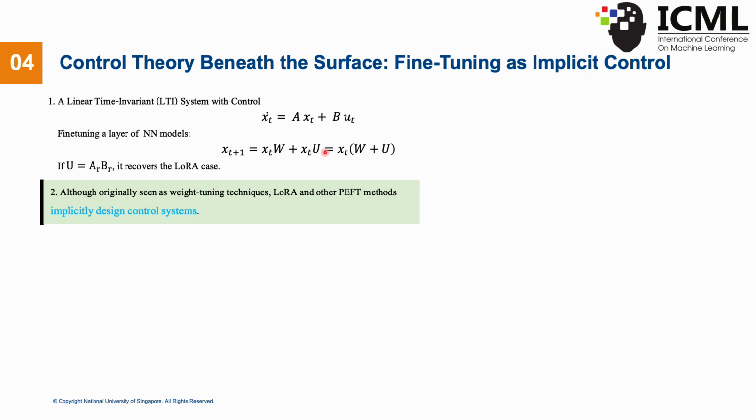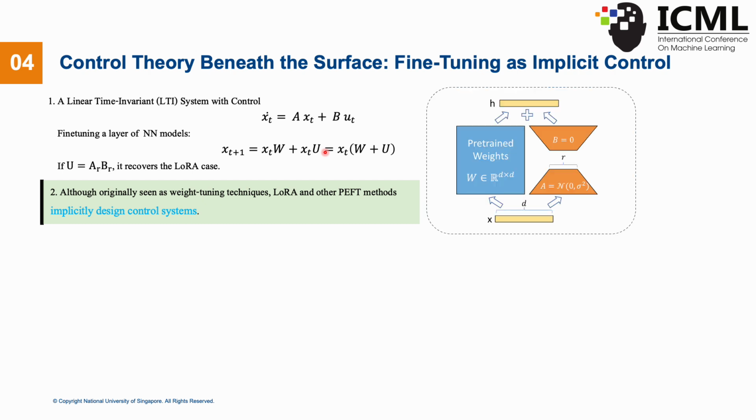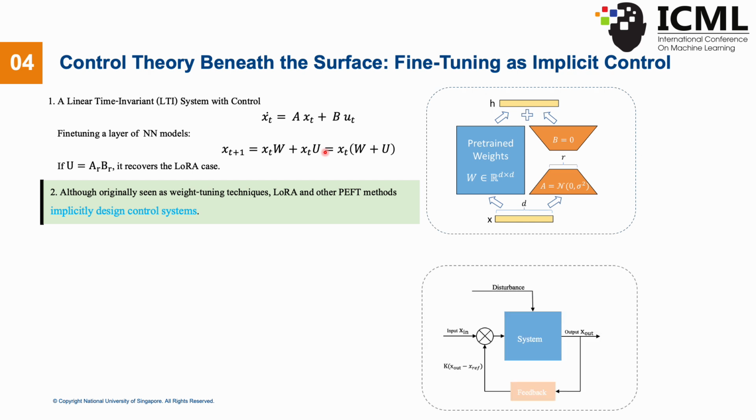So in other words, although originally seen as weight tuning techniques, LoRA and other PEFT algorithms have implicitly and unintentionally designed some control systems. This is a unique understanding. This is the original case where we focus on weight tuning, and this is the control system, and we have built a link connecting these two, giving a new understanding of LoRA. So LoRA is more than just weight tuning.